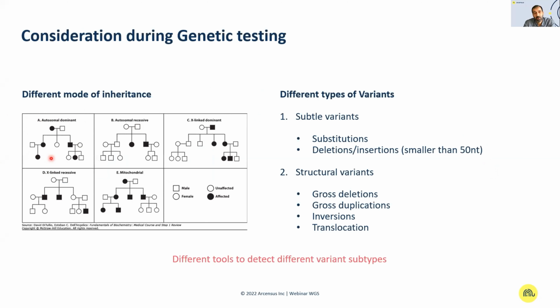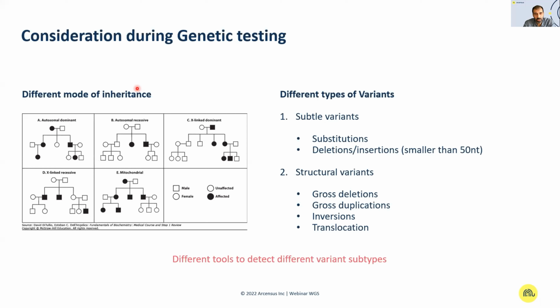So you don't need both parents to be carriers. Only a single variant can cause a disease, which can be followed in this pedigree. And then you have what is called the autosomal recessive mode of inheritance, meaning that both parents need to be carriers to be passing the disease-causing variants to the offspring.